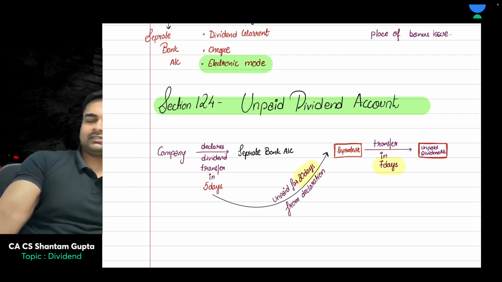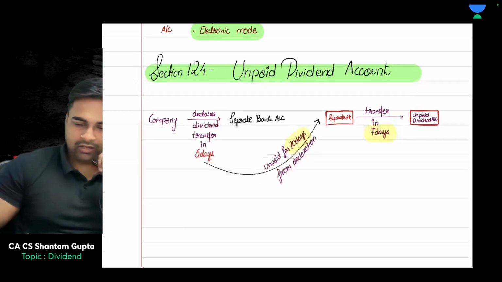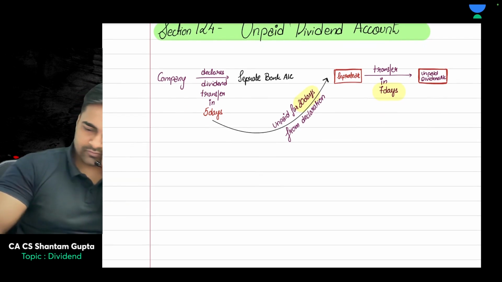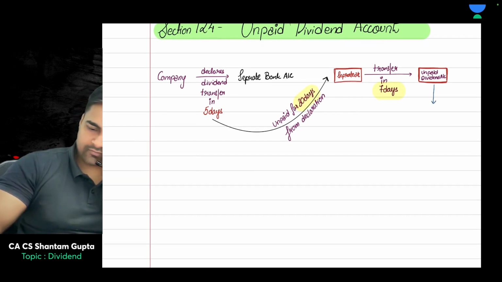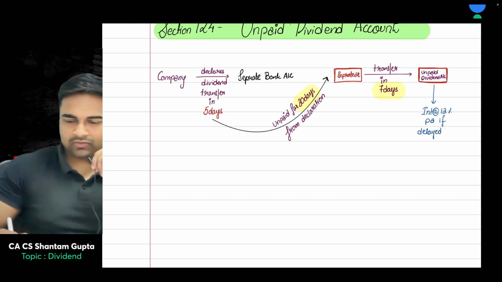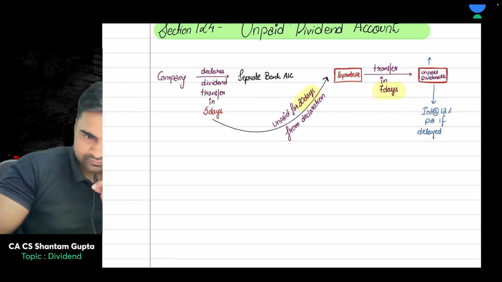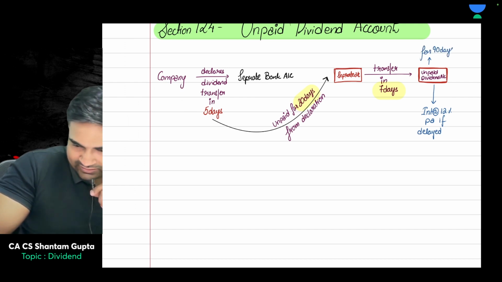Okay, in how many days, sir? In 7 days. Now, if you don't do that, what is the penalty? No. First, interest. Interest at the rate of 12% per annum if delayed. Now, this money will stay here for 90 days.